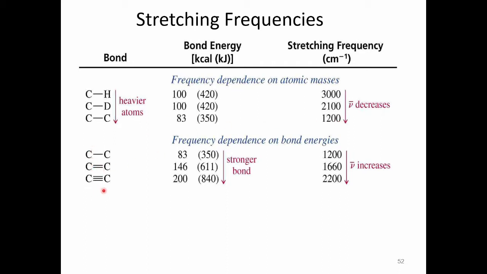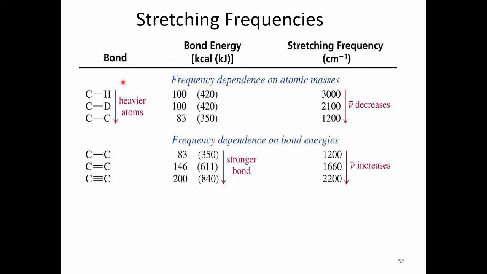On the flip side, the bond energies also play a key role. The stronger the bond, the higher the frequency. Starting with a single bond, we have a bond energy of about 83 and a stretching frequency of about 1200. But then as we go up to a triple bond, it goes to a bond energy of 200 and a stretching frequency of 2200.